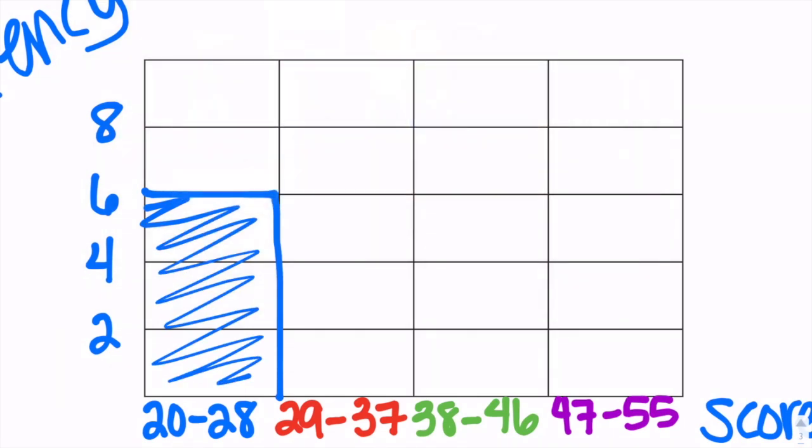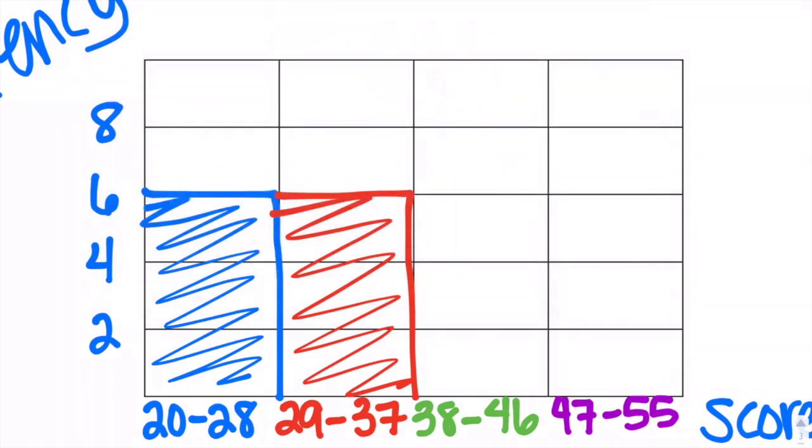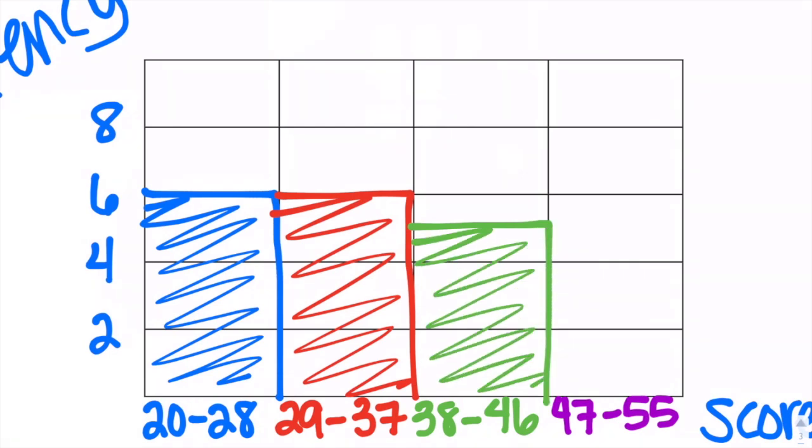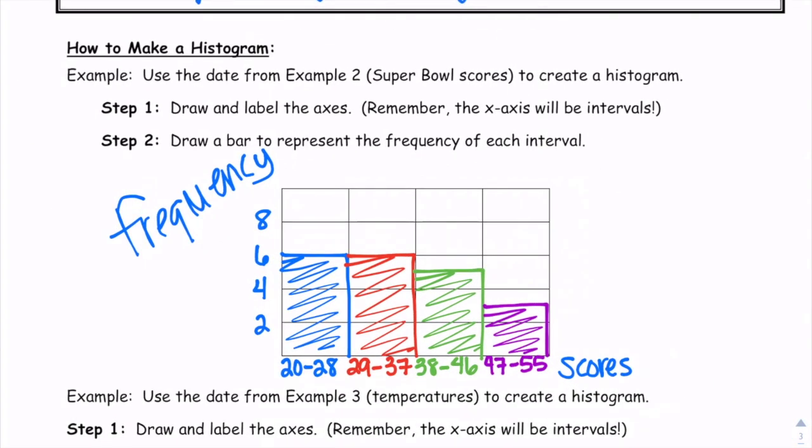And then 29 to 37, we also have 6. And then 38 to 46, we have 5. And then 47 to 55, we have 3. And that's your histogram.